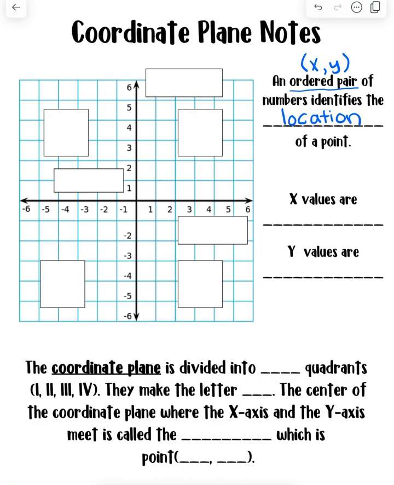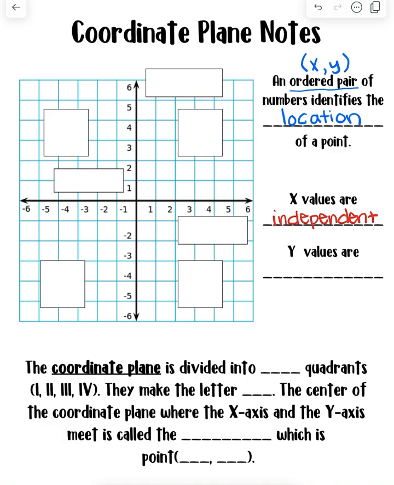X values are independent. We're going to call them independent. And we are going to look at the x-axis to find the x values. So the x-axis is this axis right here. Hopefully we remember that from fifth grade.